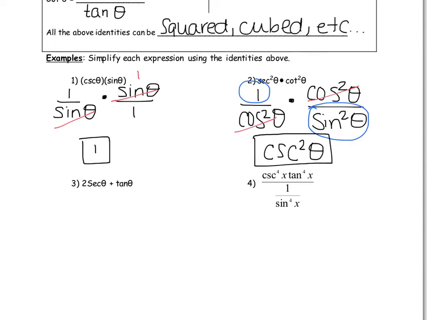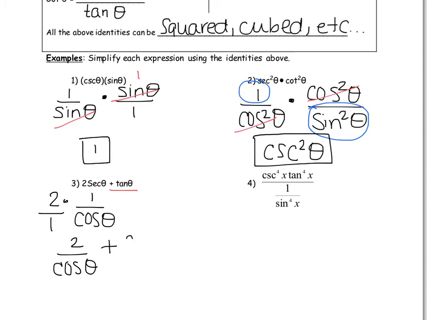Okay, number 3. We have 2 times secant of theta plus tangent of theta. So again, secant of theta is the same thing as saying 1 over cosine of theta, and 2 times that is, you could put this over 1, tops of tops, bottoms of bottoms. It's 2 over cosine of theta plus our tangent of theta.